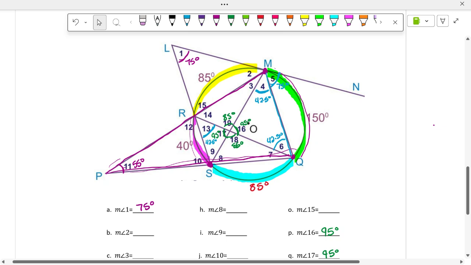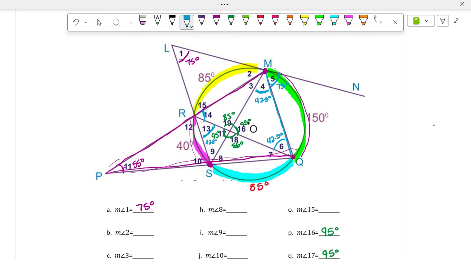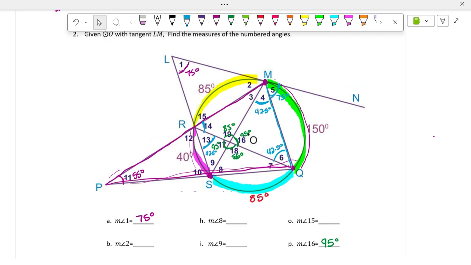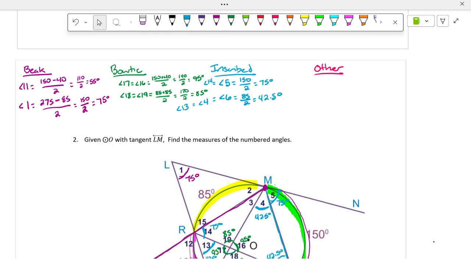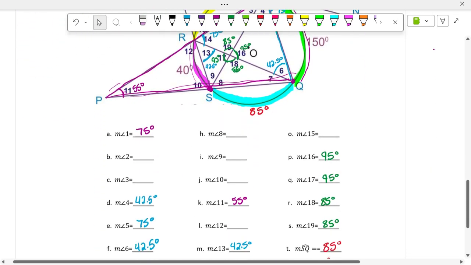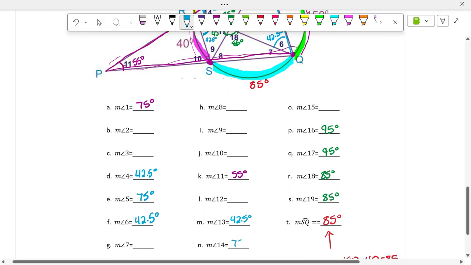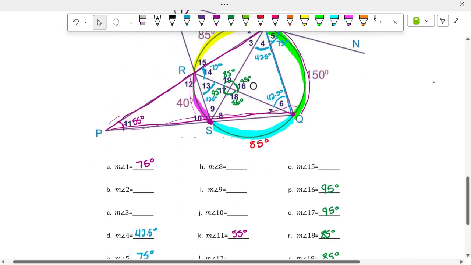All right. What's another inscribed angle? Zoe. 14 is. What does it intersect with? Say one more time. Yes, correct. So it's going to be the same thing as 5. So 75 degrees. All right.